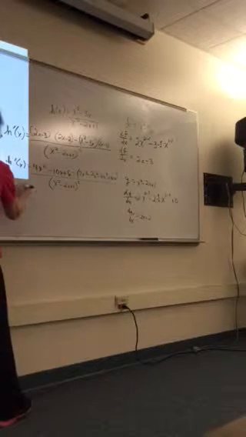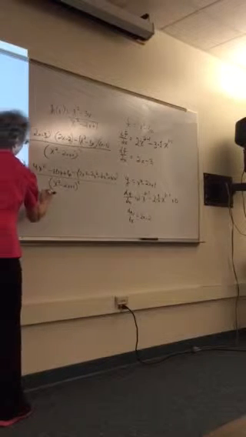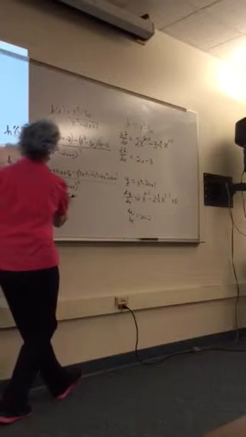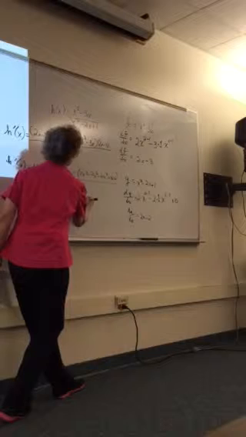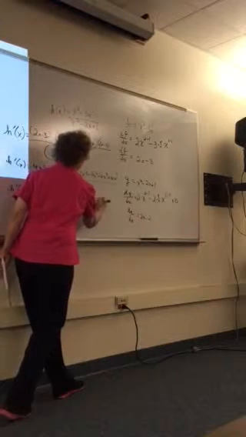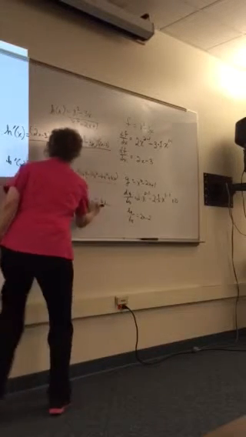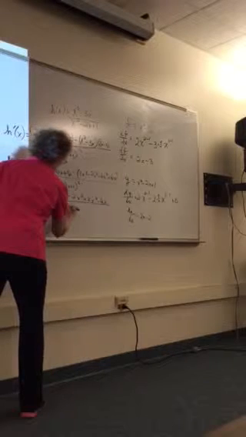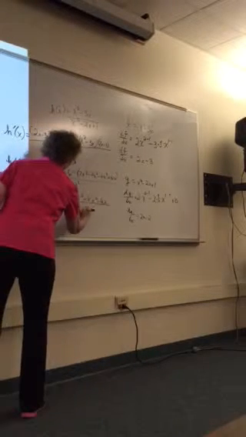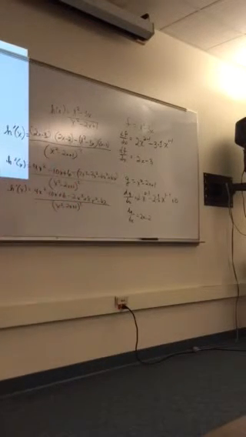What have we got now? 4x squared minus 10x plus 6 minus 2x cubed plus 8x squared minus 6x. I told you this one cleaned up really nice, right?